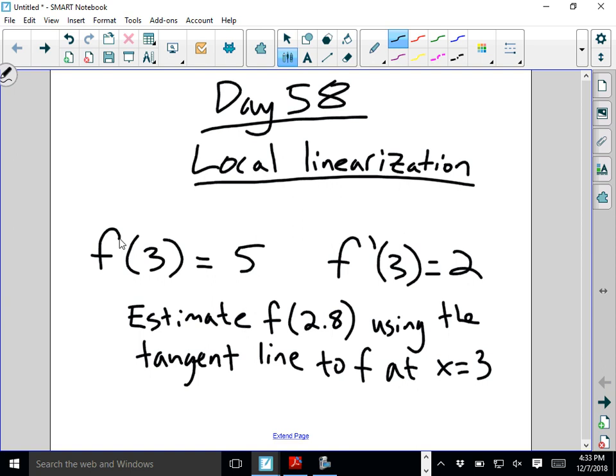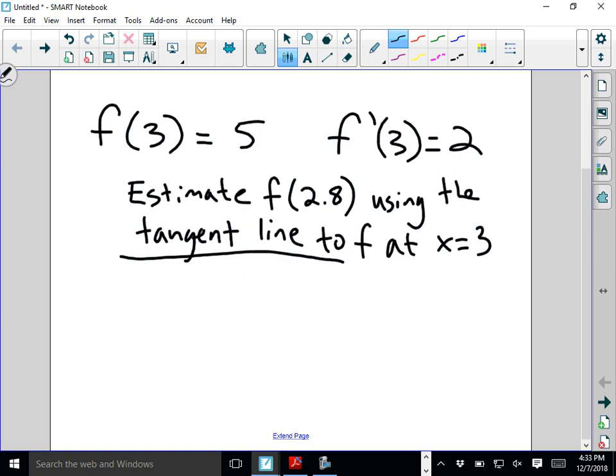So let's think about this. We want to estimate f of 2.8 using the tangent line to f at x equals 3. So obviously this is telling us we need an equation for a tangent line to f at x equals 3. So one of the things we want to think about is, how do we write an equation of a tangent line? Well, dust off your old calculus brain here and know that for an equation of a tangent line, we always need a point and a slope.